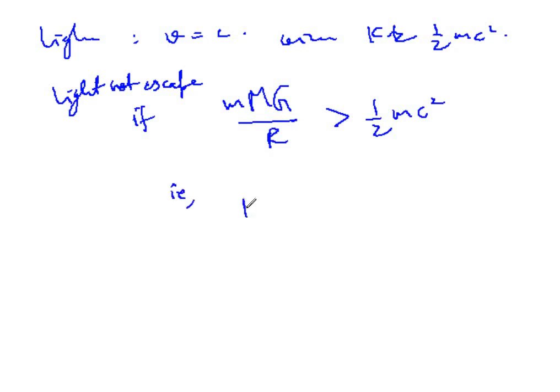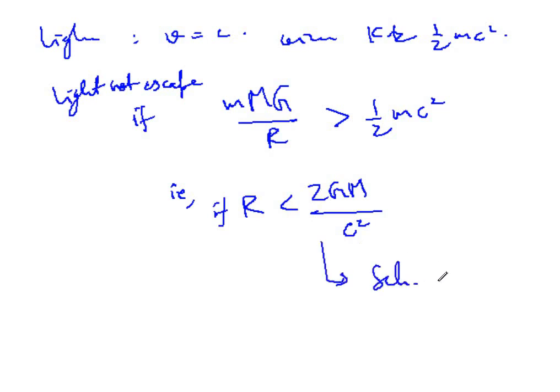That means if r is less than 2GM by c square. And this is precisely the Schwarzschild radius. So if the radius of a star is smaller than its Schwarzschild radius, it will not shine. Right? Now it is amusing and really odd that despite the gross errors in these derivations, Laplace reached the same conclusion as that mentioned above. Right?